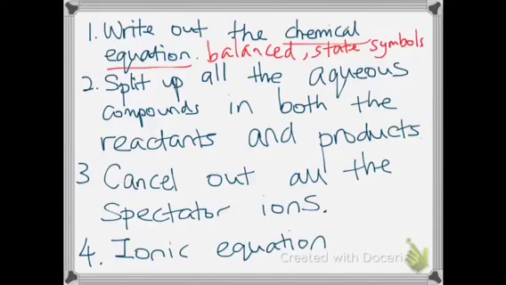Because in step 2, we need to split up all the aqueous compounds. And to know which are the aqueous compounds, it will be good to refer to the state symbols. So in step 2, we identify the aqueous compounds in both the reactants and products, and we split up all of them into their respective ions. Thirdly, we cancel out all the spectator ions in the reactants and the products.